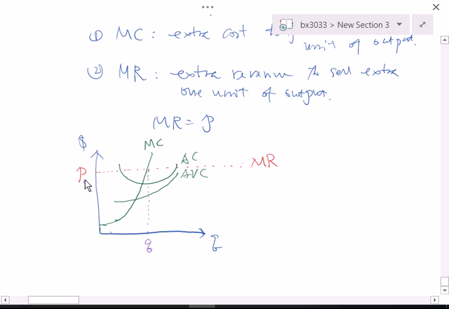This is P0, Q0. A Q0 unit. The actual revenue of this unit is the price, this many. The actual cost is the same. So if after Q0 units I want to produce another unit here, so Q0 plus 1, then to produce this unit, my actual cost is very high.